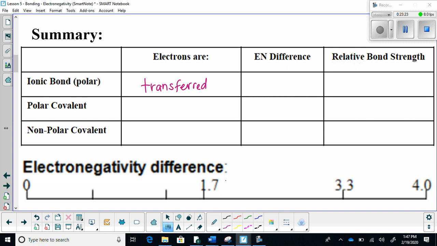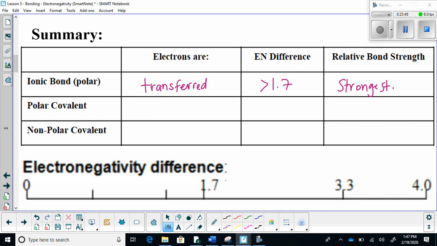Okay, it just takes it. It's pulling so hard that it just takes it and makes it its own. This happens when your electronegativity difference is greater than 1.7. Okay, this is an approximation. The relative bond strength: ionic bonds are some of the strongest bonds and hardest to break. Okay, ionic are very strong.